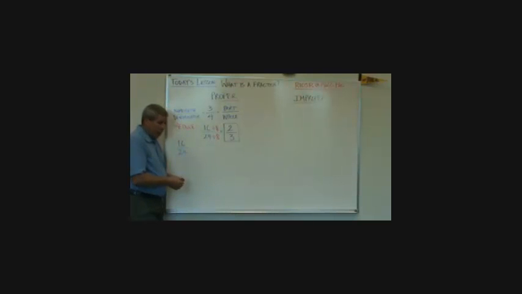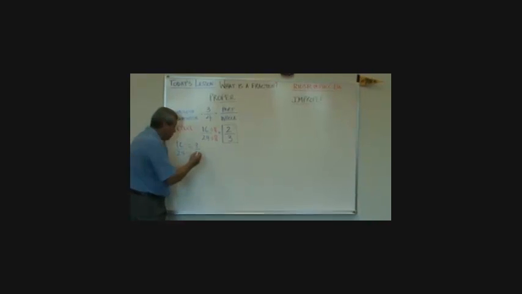Since 16 and 24 are even numbers, we can always divide by 2. Okay, well 16 divided by 2 is 8, and 24 divided by 2 is 12. Well, we still haven't reduced to the lowest terms. We still have even numbers.